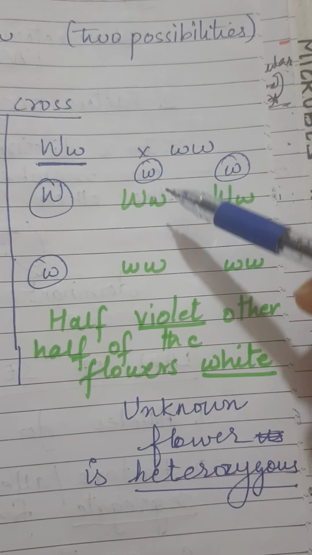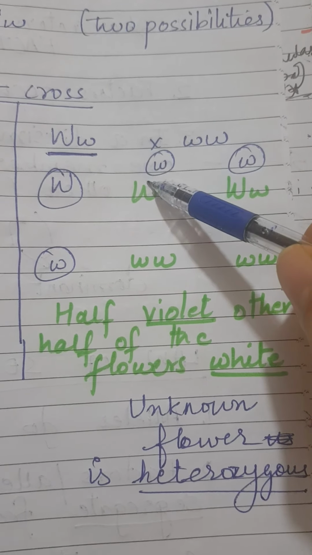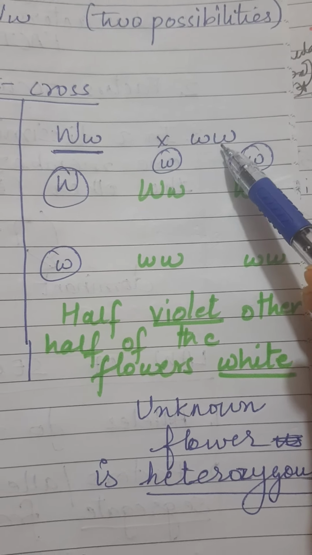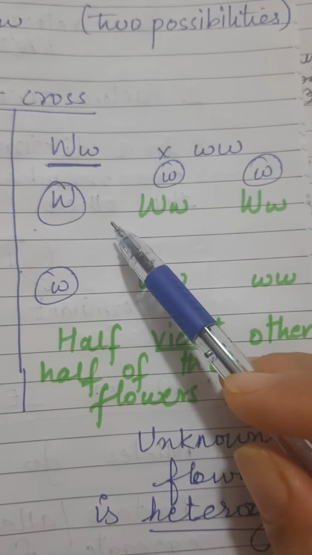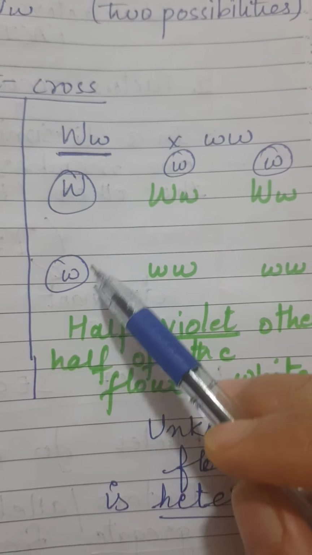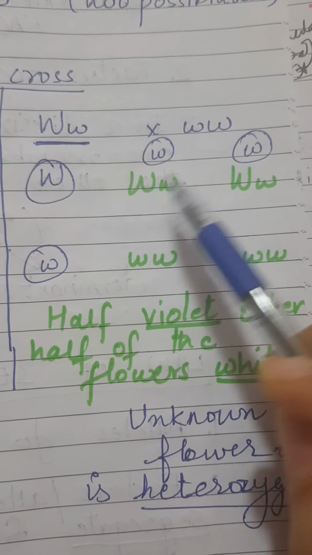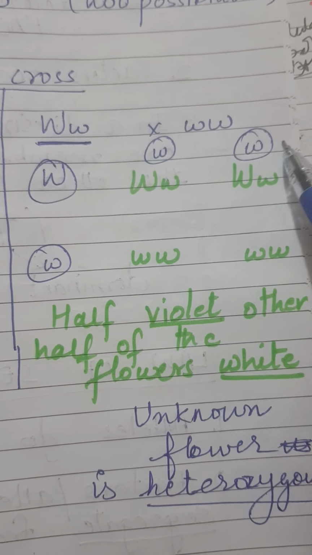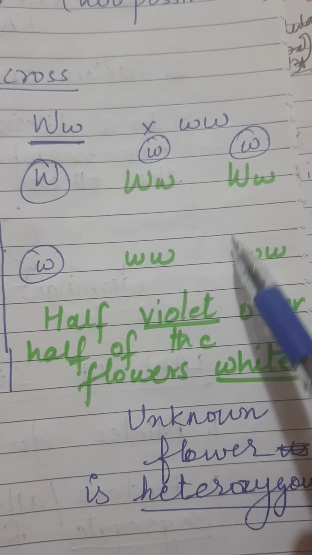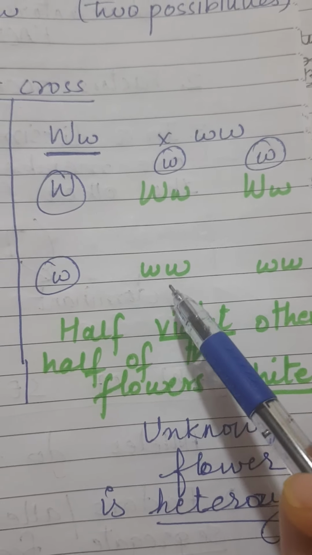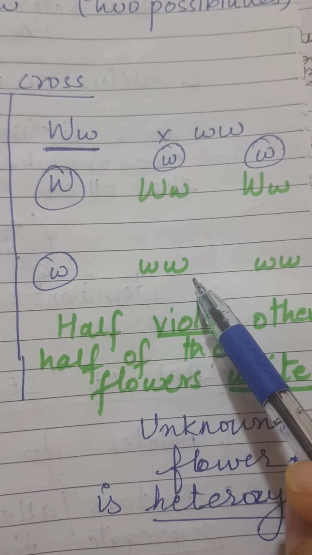Similarly, the other possibility is of being heterozygous. Let us see how we can decipher it. We cross it with the recessive parent, homozygous recessive. The gametes are W and small w, and here these gametes. If we make the possibilities, we have two: one is the heterozygous condition and another is the homozygous recessive condition.